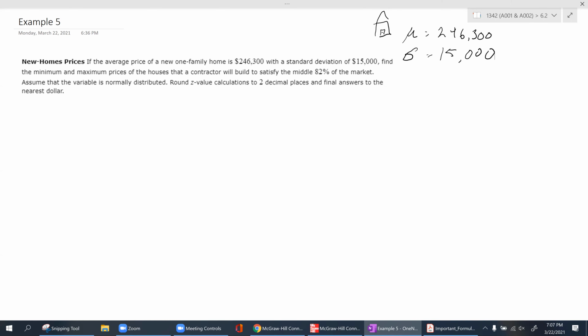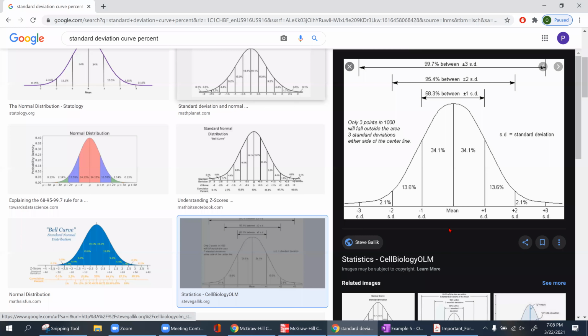So, what do we find here? The key words here are to satisfy the middle 82%. And remember that table that I had brought up? I had mentioned that between the mean and a standard deviation to the right and a standard deviation to the left, that accounts for 68.3% of your probability.